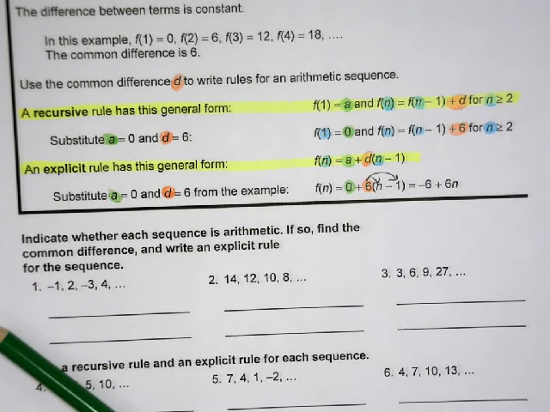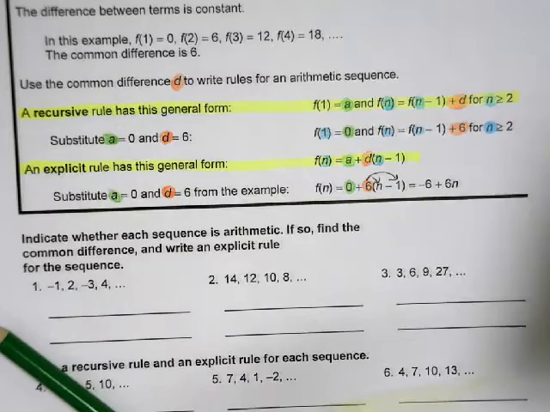And I will warn you on the homework. There's only 9 problems on the homework. So either you'll be writing an explicit rule, a recursive rule, or finding a term number on those 9 problems. But I'll warn you the form they want, so you won't get it wrong just because you put it in the wrong form. If you're paying attention, I promise I'll give you a heads up on that.